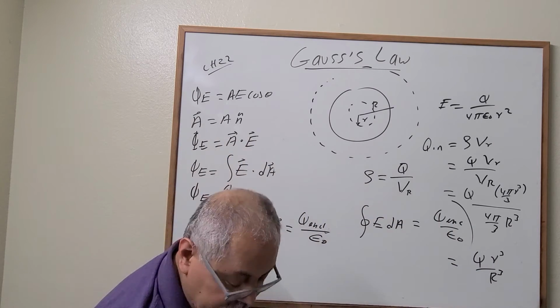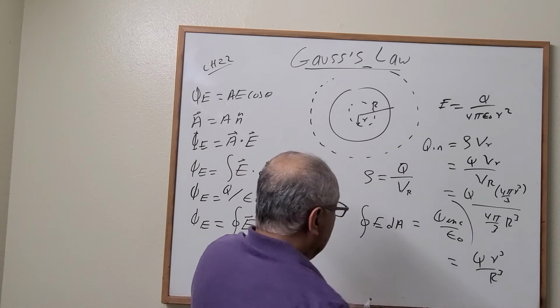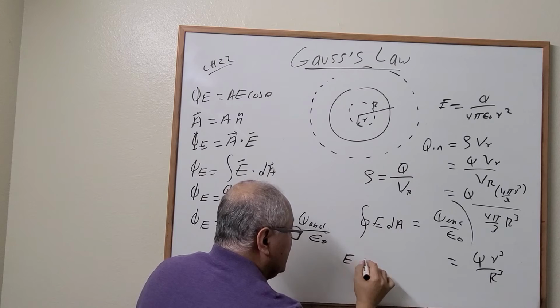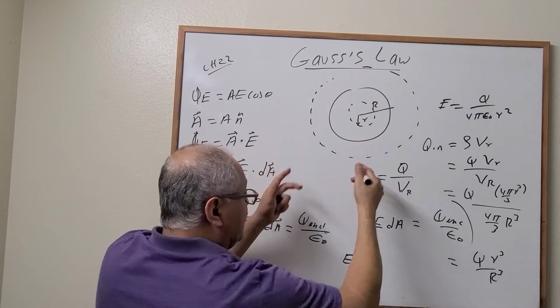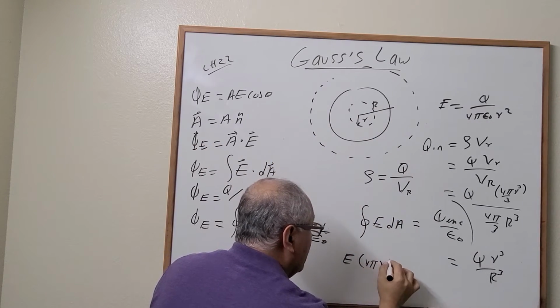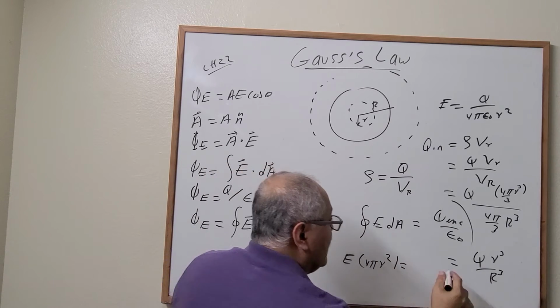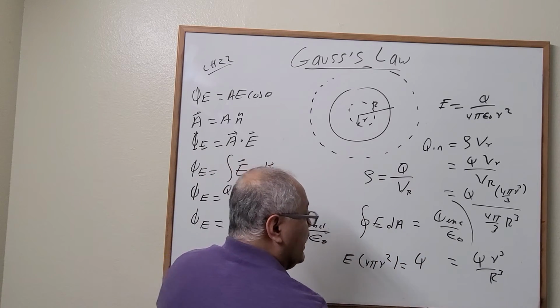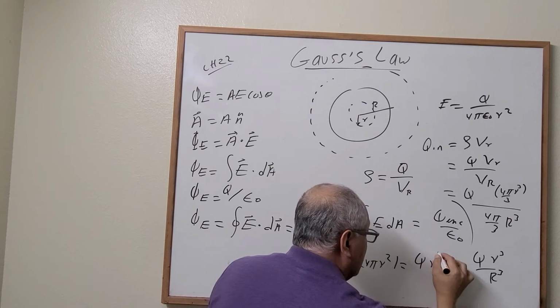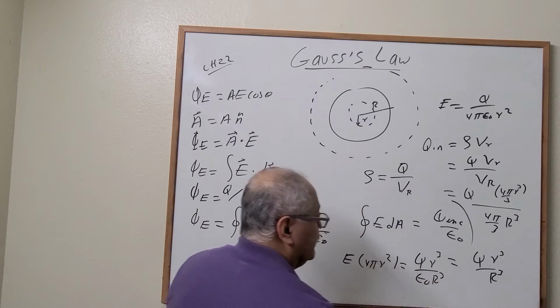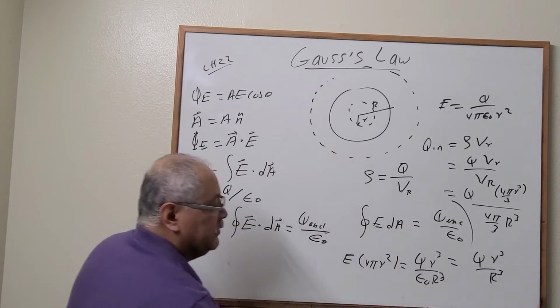Now let's continue. What's going to be the electric field times the area? What is the area of the sphere? One more time, 4 pi r squared. This must be equal now to the total charge times r cubed over epsilon naught big R cubed.